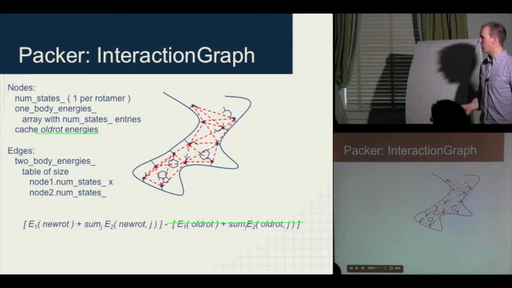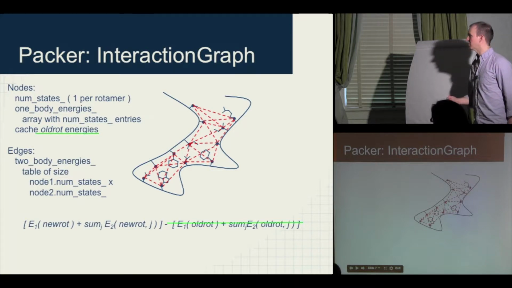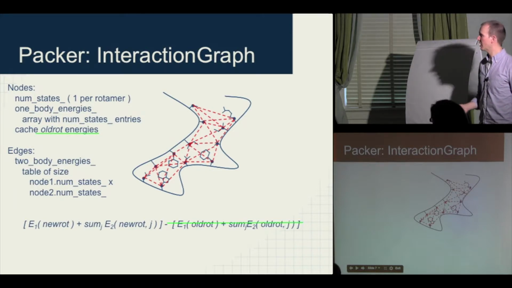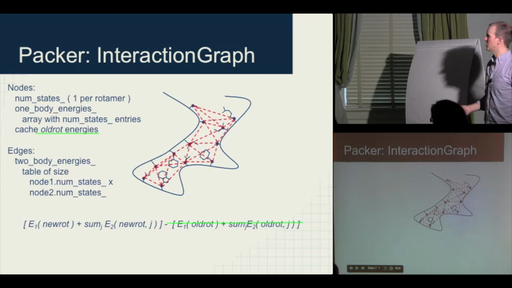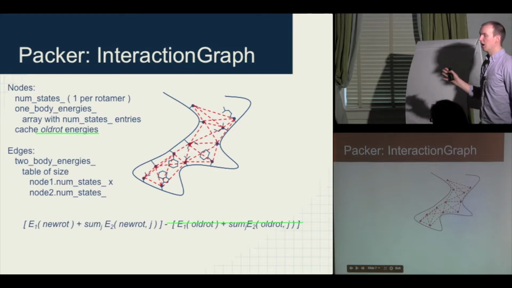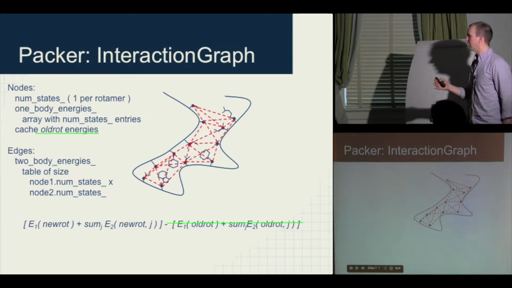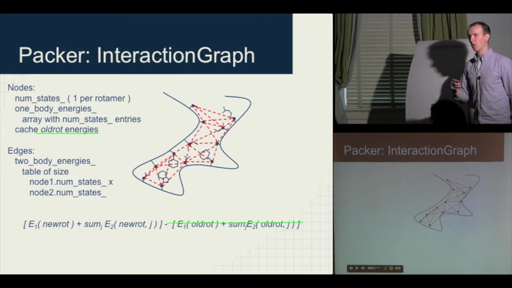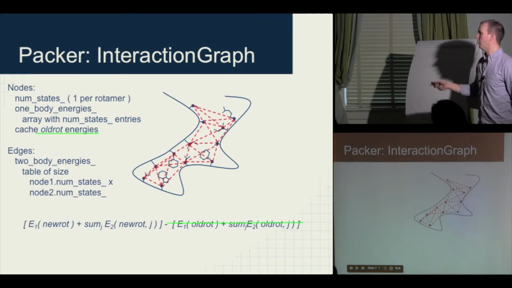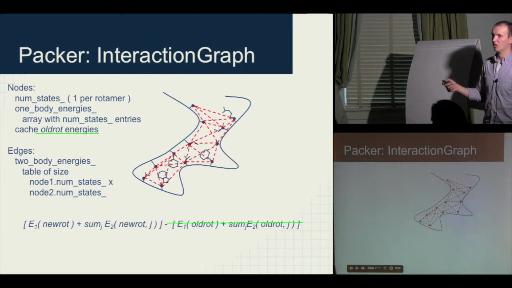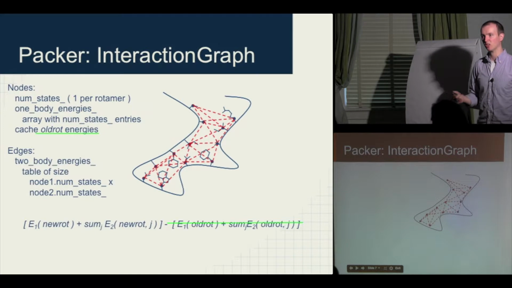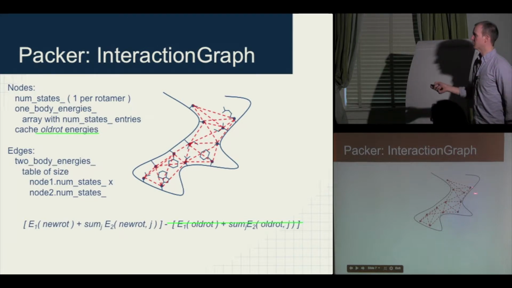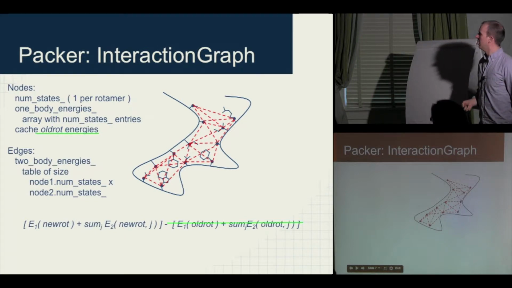If we replace all of the residues in this structure with nodes, and we add edges between every pair of interacting residues, then we can ignore a lot of the other things. We don't necessarily need to represent what the original assignment of rotamers was when we came into it. We just think of these as designable positions or repackable positions.